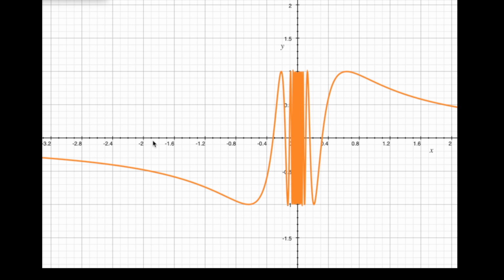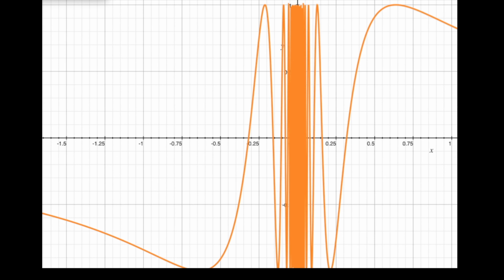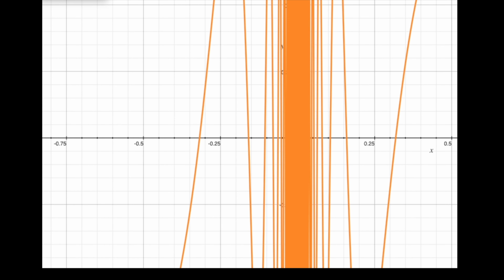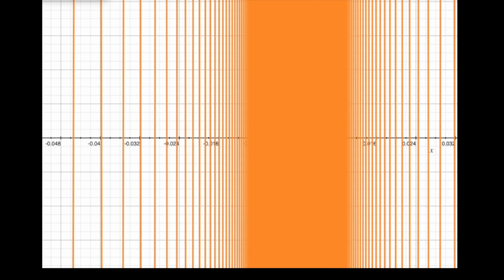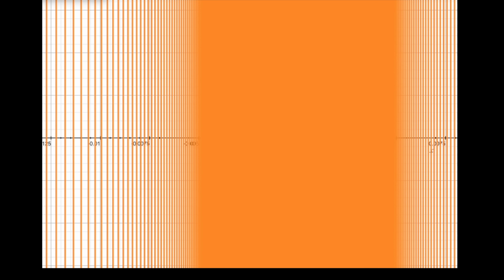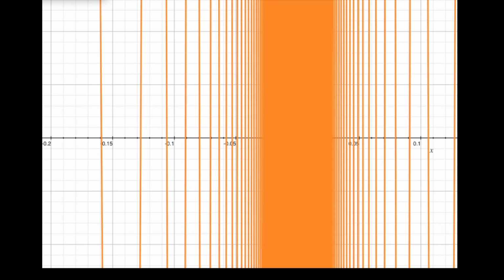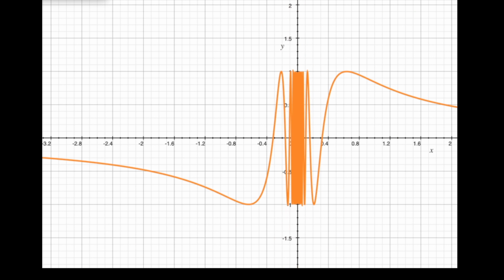So this is negative 2, and then negative 1 somewhere in here, and then let me zoom in so that you see what's going on. Near 0, it's oscillating. It goes up and down. You see? It goes up and down near 0. That's why we say that the limit of this function does not exist, because it's oscillating.